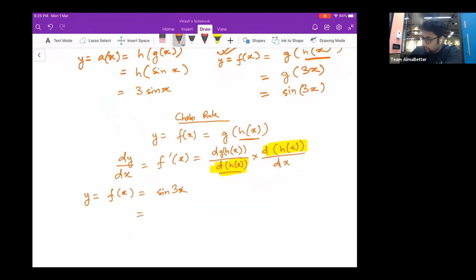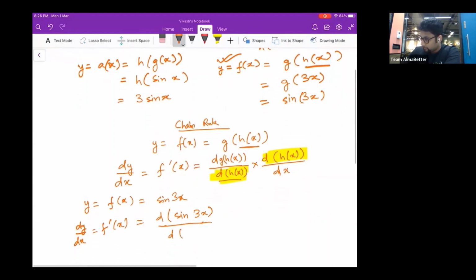First I will find the derivative of sine 3x with respect to 3x, so with respect to h(x) first, right? And then you will find the derivative of 3x with respect to x.